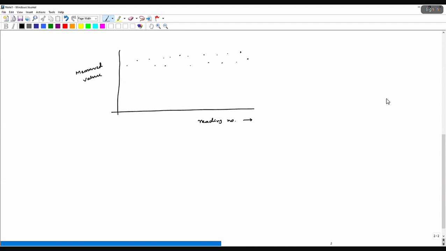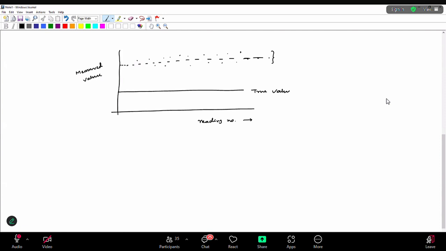And when you take the mean of these values, you get something like that, and around the mean value you have the scatter. Let's say hypothetically you know that this is the true value.